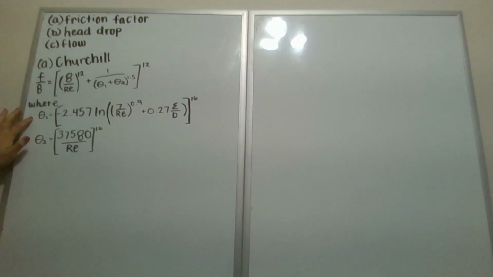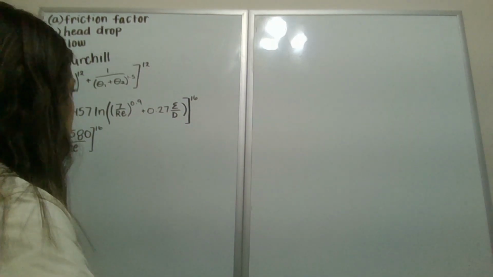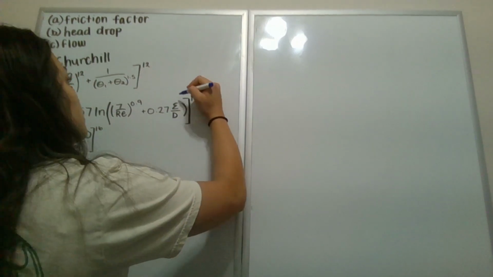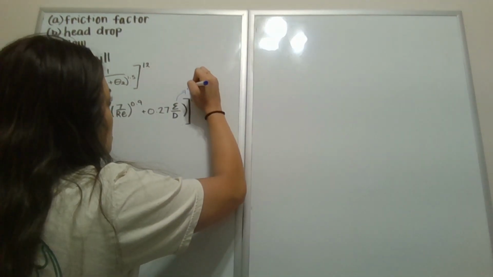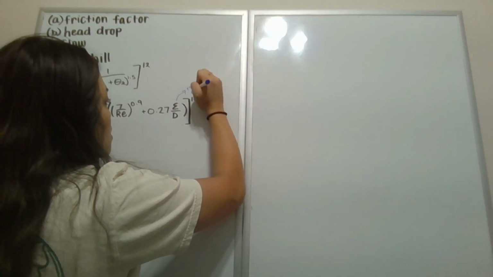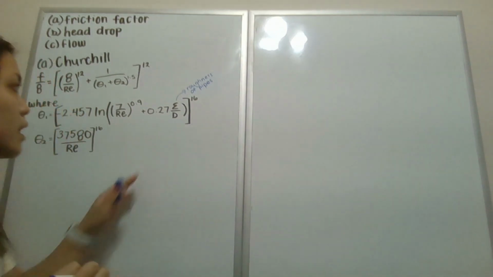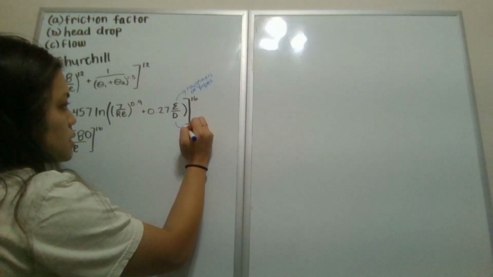We are given that theta 1 is negative 2.457 natural log of 7 divided by Reynolds number to the power of 0.9 plus 0.27 times epsilon over d. This is where the roughness of the material comes in, and this is d, the diameter.